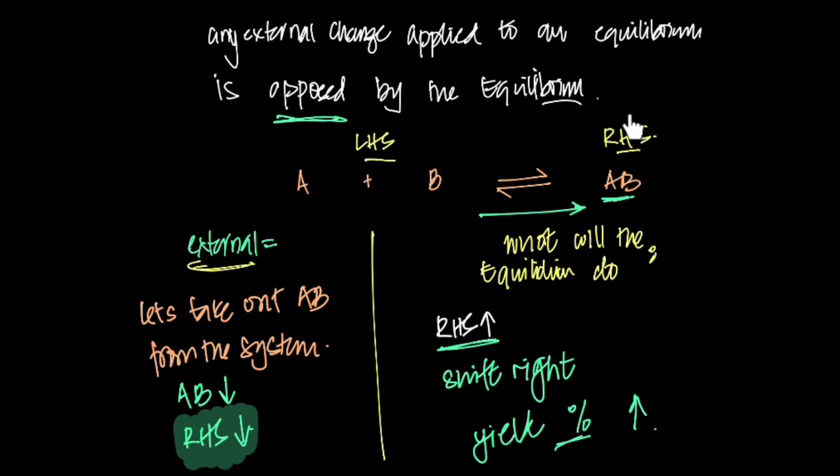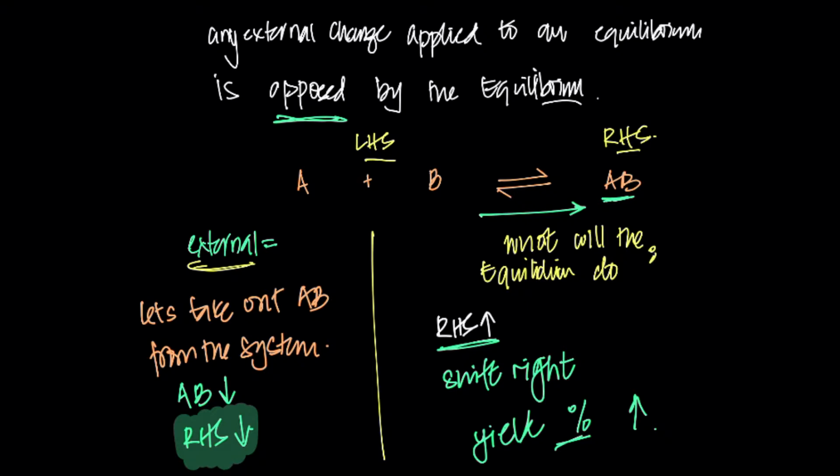Or the other way is to decrease this side, it will still go right, because it's not like you had finished A and B. They had some amount of AB left at equilibrium. That's what equilibrium is. There's still reactant left. And when you remove this, the remainder will say, oh, let's react. We need to make more AB. He took our AB. We need more AB. Let's go make some more. That's literally what happens.